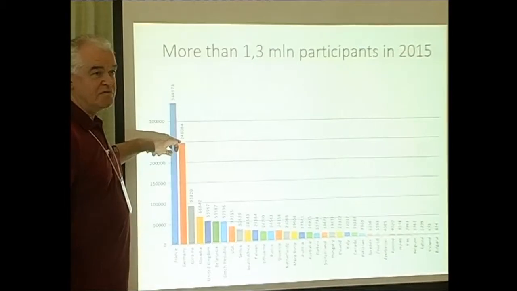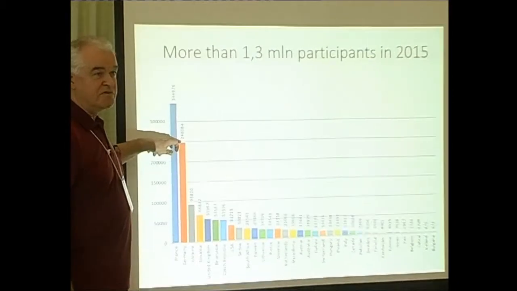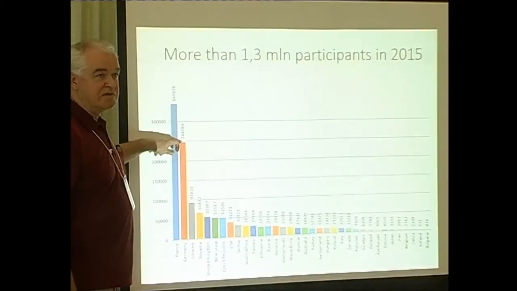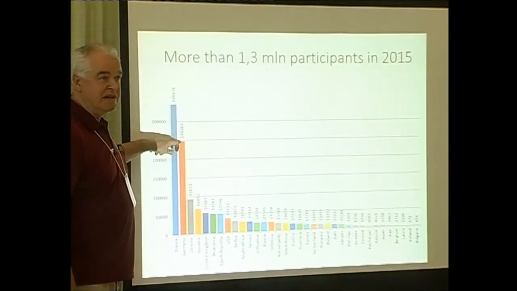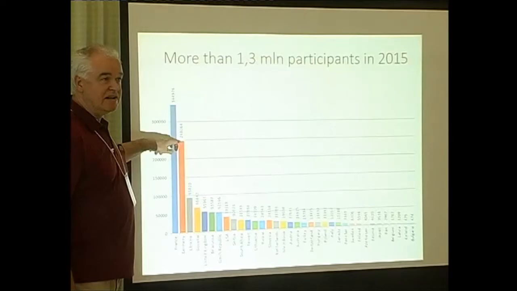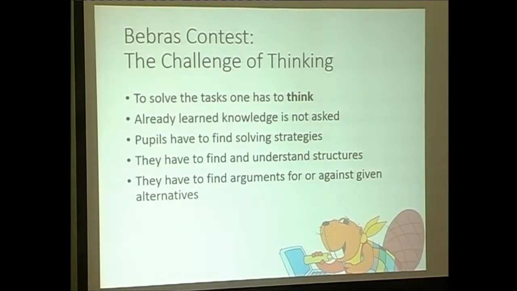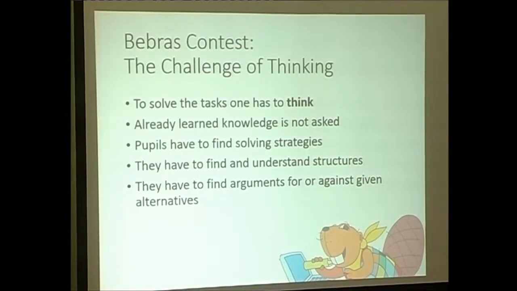Some are just beginning, they have fewer participants, and some have done it for many years, they have more participants. And we are inviting further countries to participate. This is important, we want to have more countries.